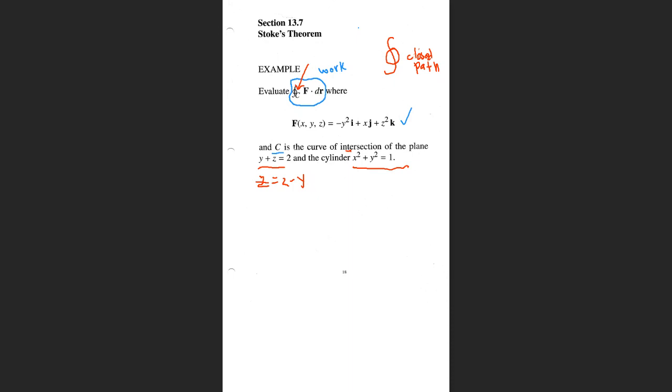The cut is going to be the space curve, right? So Green's theorem would not work here because this space curve is not located in the xy plane. It's located in three-dimensional space. Are there any questions so far before I go to the next page?